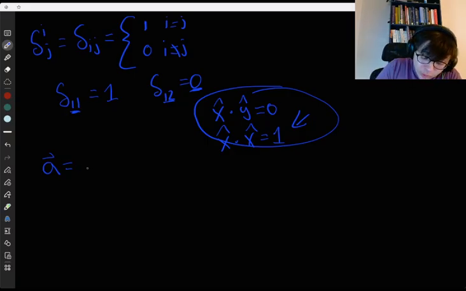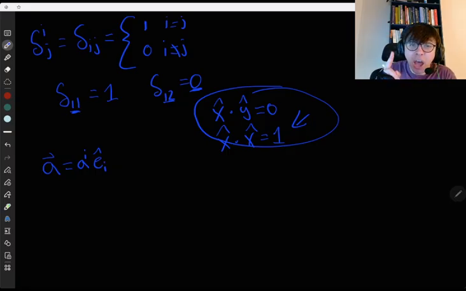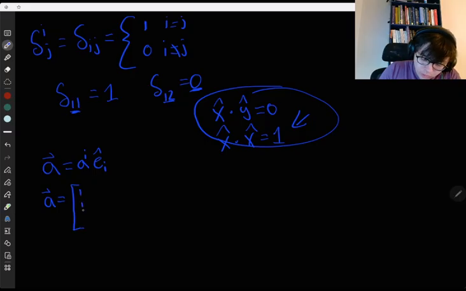And so I'm going to rewrite A as this, where I want to add this over, because remember, what is A actually? A, if you remember, was 1, 1, 1.